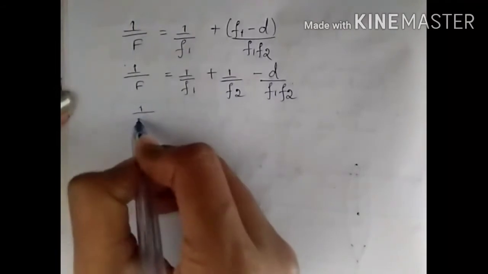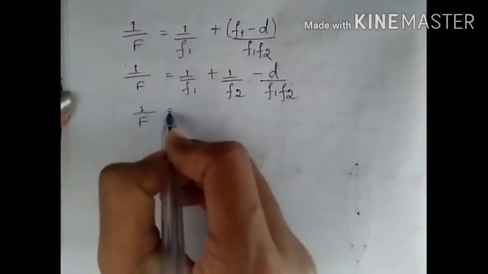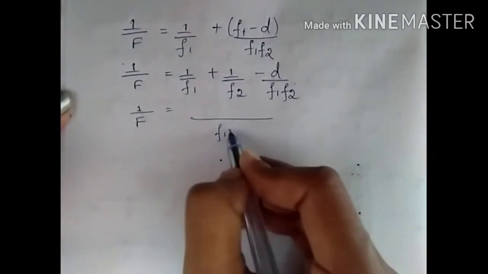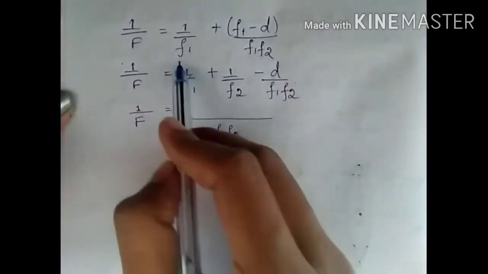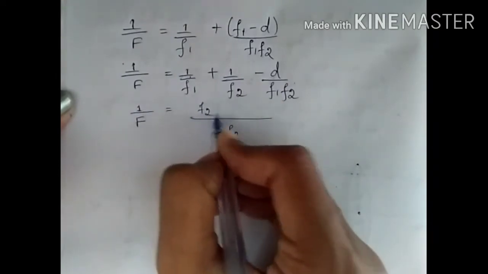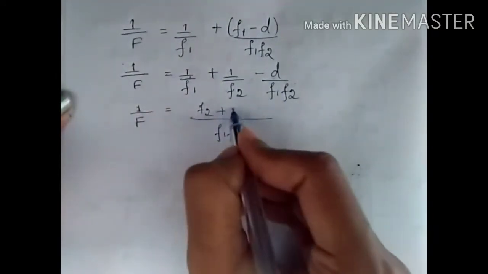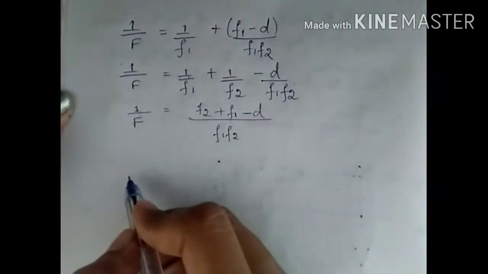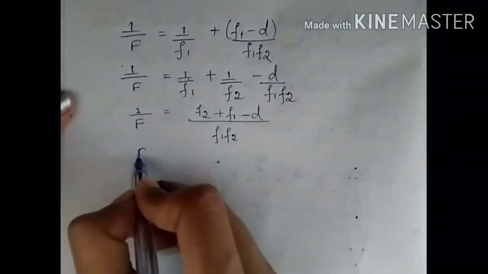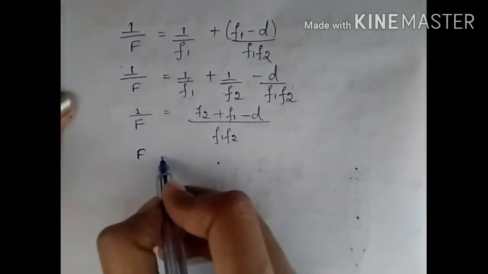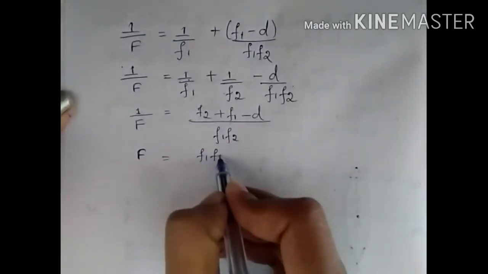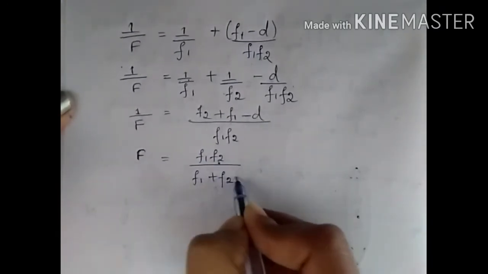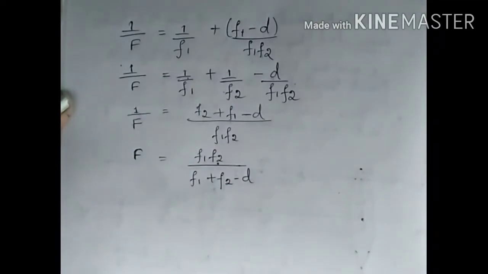Now if you take the LCM, 1 divided by f is equal to f2 plus f1 minus d, all divided by f1 f2. So this f can be written as f1 f2 divided by f1 plus f2 minus the separation distance d.